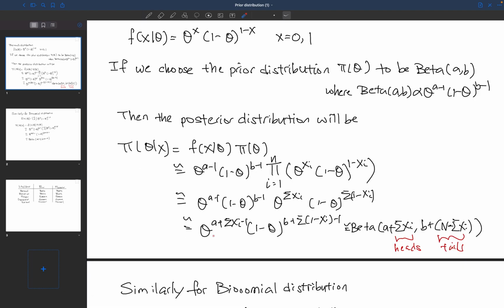After some rearrangement, we get to this, and you can see that the posterior distribution is also a beta distribution given by a plus summation of x, where a is the initial parameter for the prior distribution and summation of x is the number of heads, and b, the initial parameter for the prior, now becomes b plus m minus summation of x, which is the number of tails.